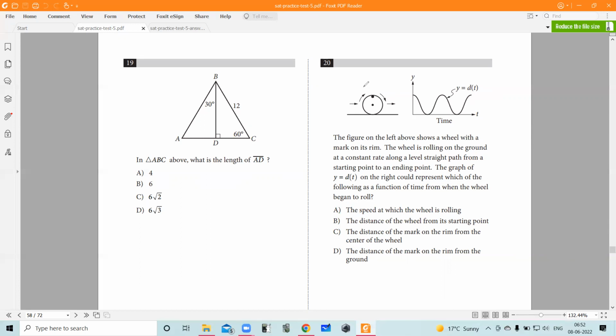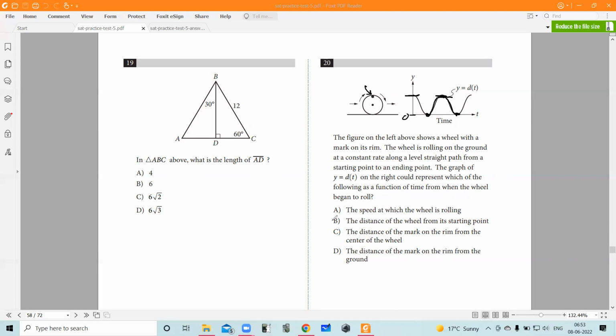Let's take the height, or the length. The length is at the max here, and then it's reaching 0, and then it's again becoming max, and then again reaching 0.